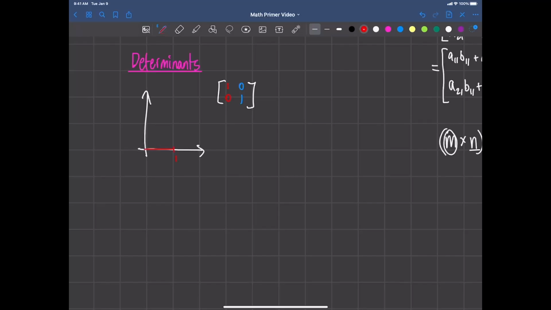So this would be the first vector, this would be the second vector, and if you think of the area of this, the area would be 1.0, since 1 squared is just 1.